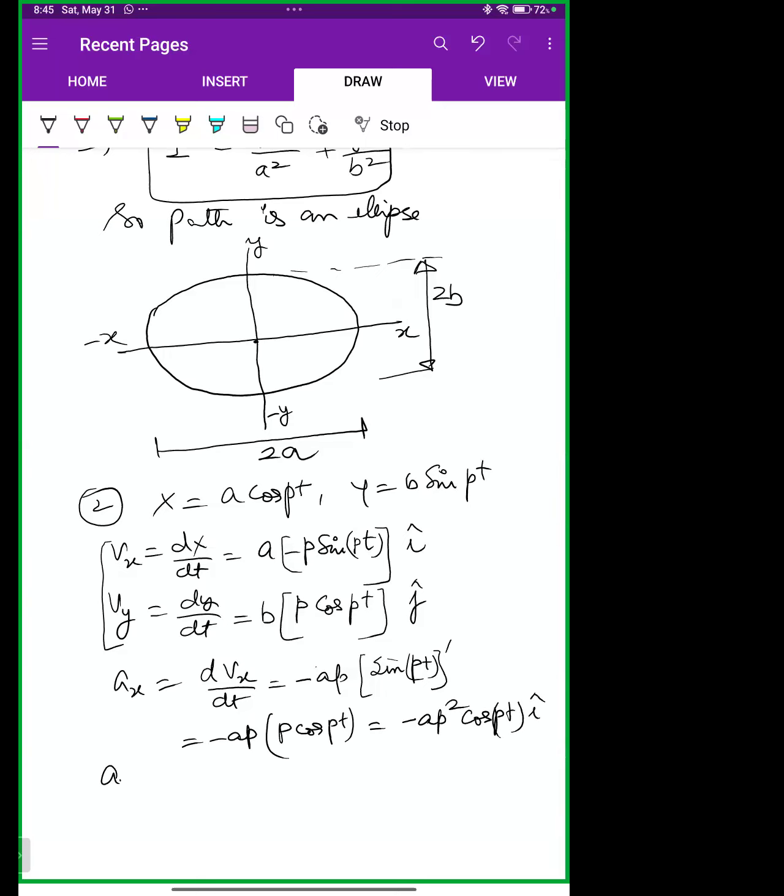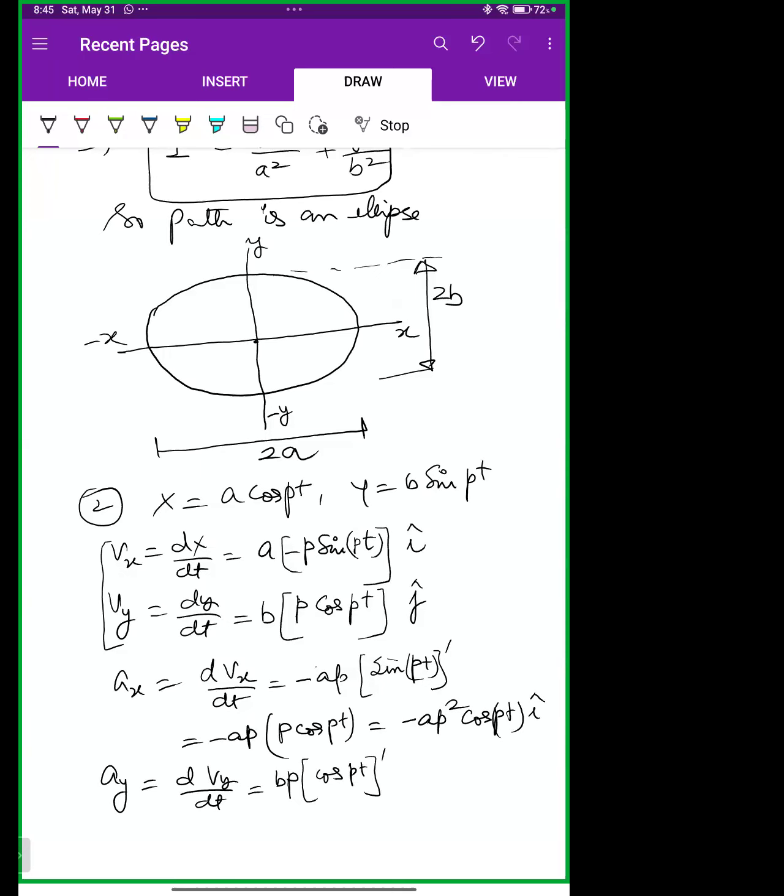What about Ay? Ay is differentiation of Vy by dt. So in that BP comes out and cos PT differentiation.